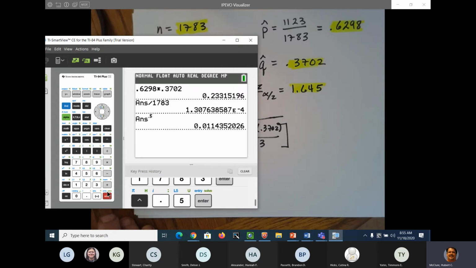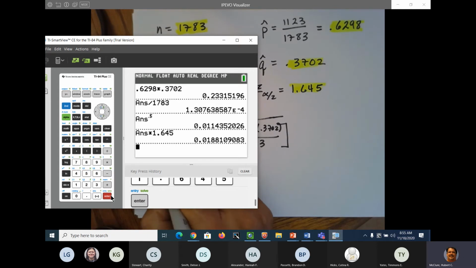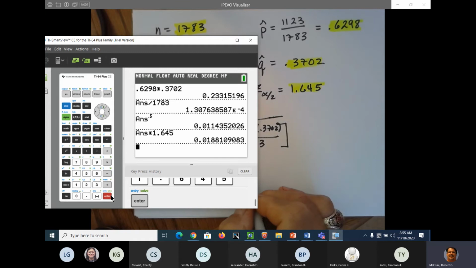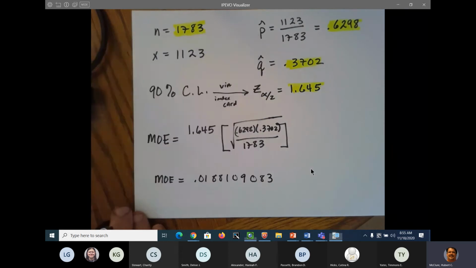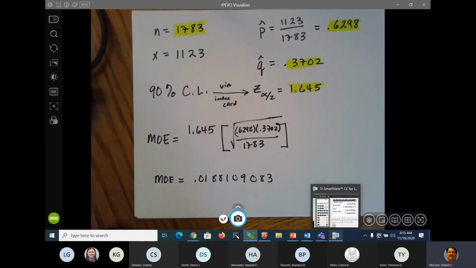Okay, so that's going to be, and multiply that by 1.645. You got a 2% margin of error. So the margin of error is equal to 0.0188109083.